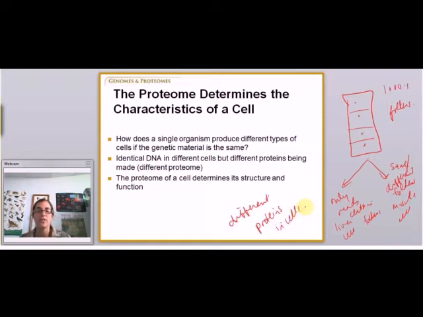So I get different proteins in the cell depending on which of the filing folders get read. And again, this term for all of the proteins in a cell is the proteome. So the proteomes between the two cells are different. And it will be the difference in proteins that fundamentally allows the cells to have different structures, different shapes, and different functions.